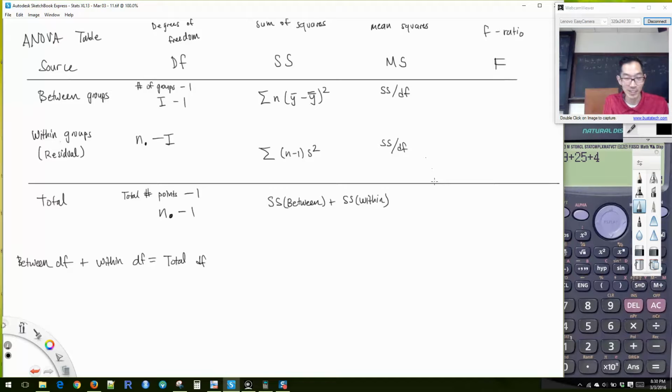So if I did sum of squares divided by degrees of freedom for the row for the total, I would have the variance. Exactly. So if I did SS over DF, this is effectively sum of squares total divided by n minus 1. This is just the variance of the entire data set.